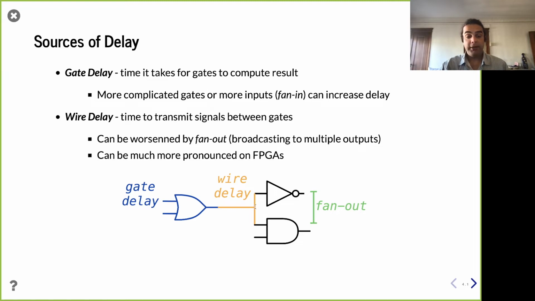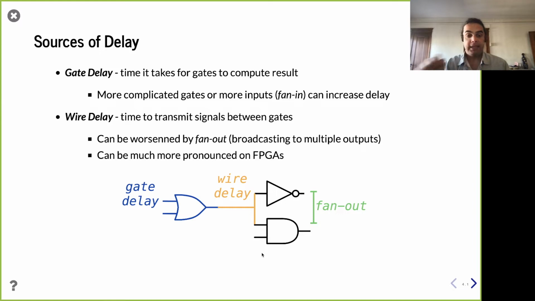When it comes to wire delay, there's effective capacitance and resistance of the wire, which is determined by not only how long the wire is, but how many things it is attached to, etc. And for the actual gates, something to be concerned about is fan out, this notion of one output being read in multiple places. How many times it fans out is going to slow it down more. The more you broadcast a signal, the more load is placed on this wire, and the longer it takes to charge or discharge this wire.